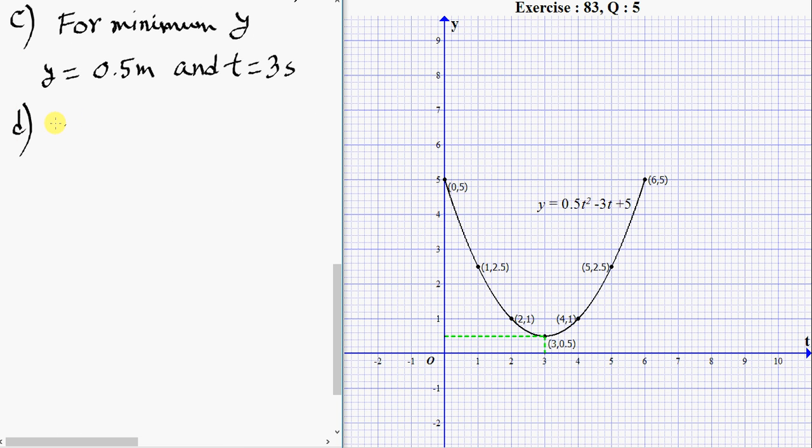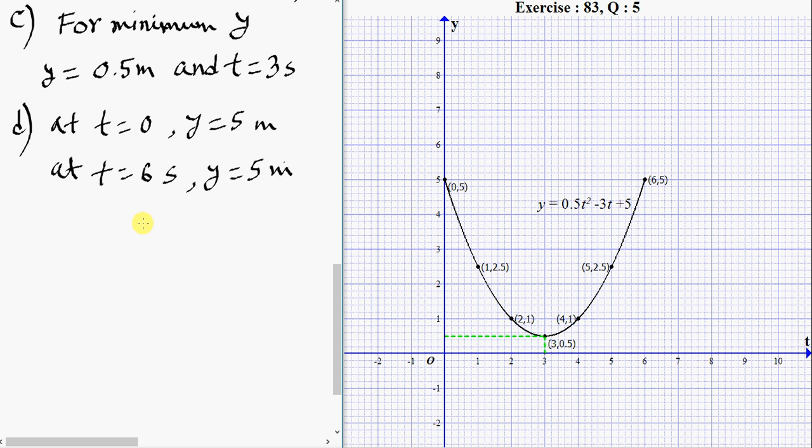At t equal to 0, y equal to 5 meter, at t equal to 6 seconds, y equal to also 5 meter. Therefore height above the start is 0.